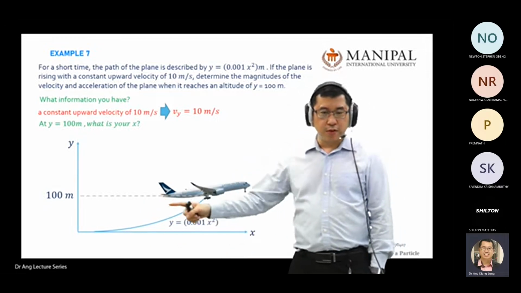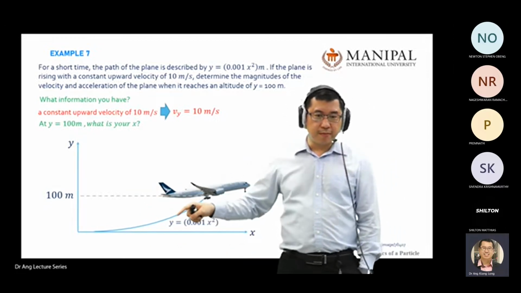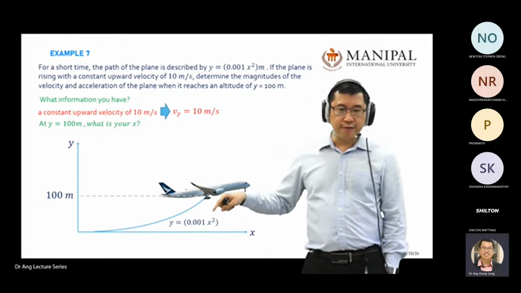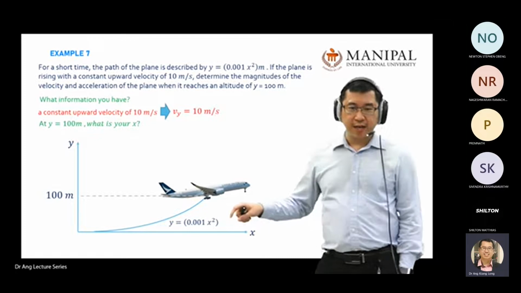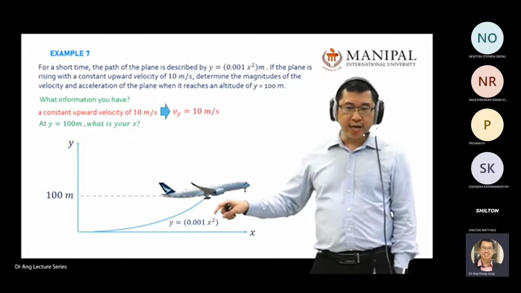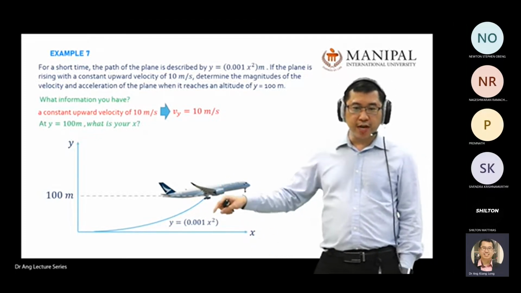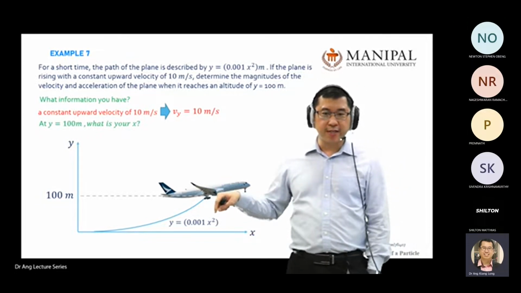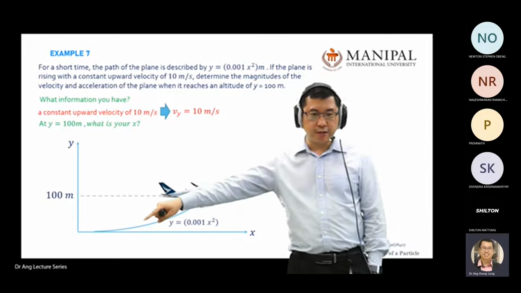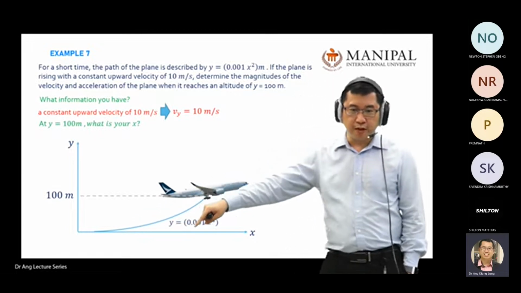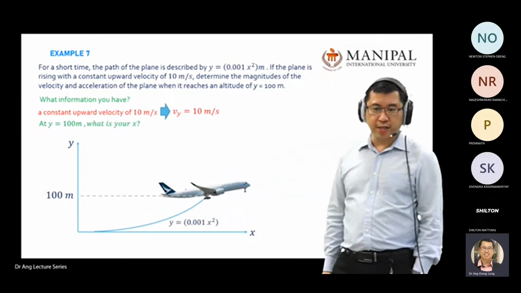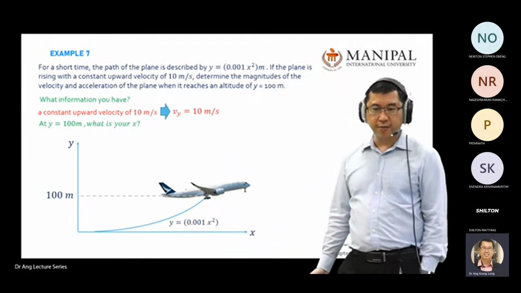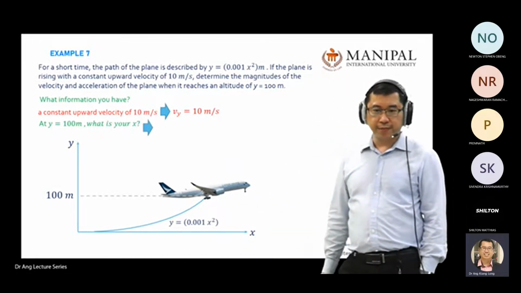So what you do, you substitute your 100 over here. You only are left with x. You solve for your x squared. When you solve the square, you know that you have a positive and negative value of x, but we take the positive because your plane is moving forward in the x direction. You take the positive x value. You substitute inside.